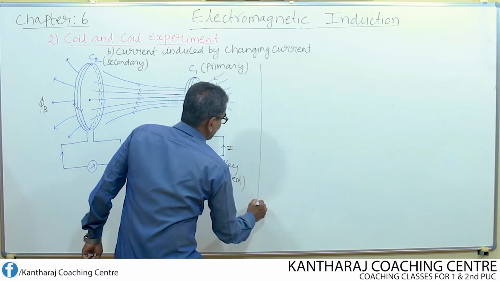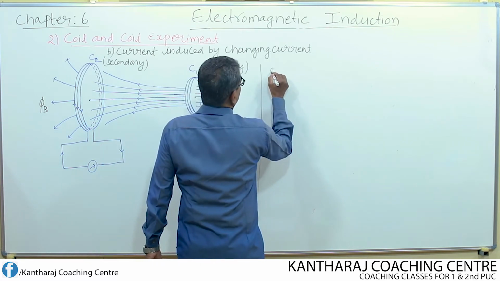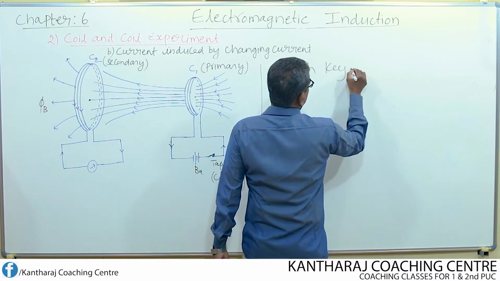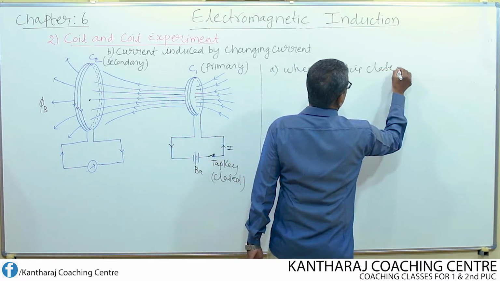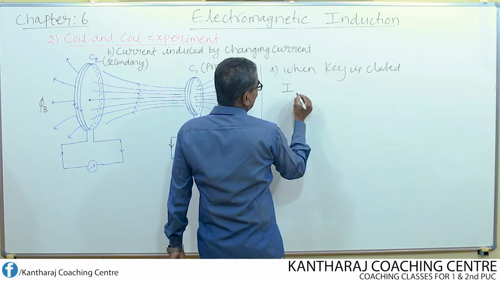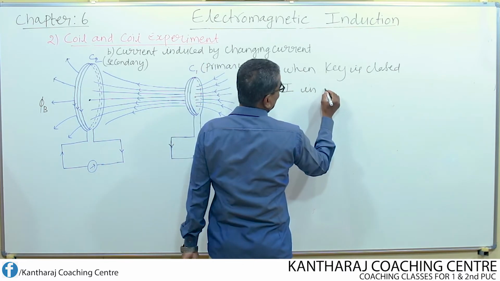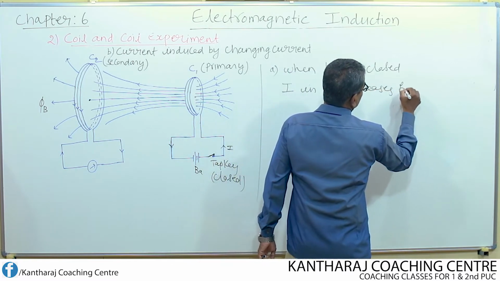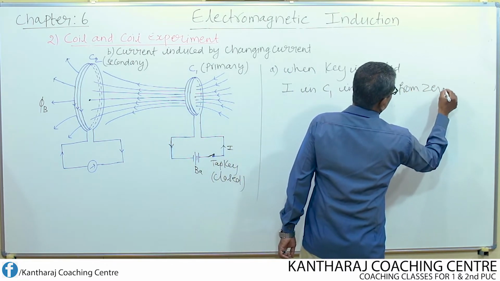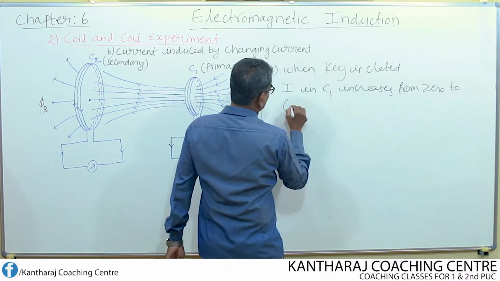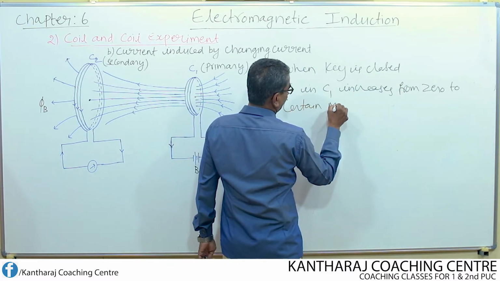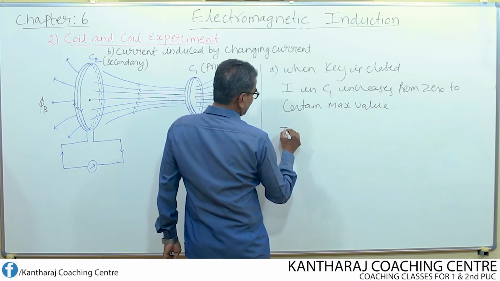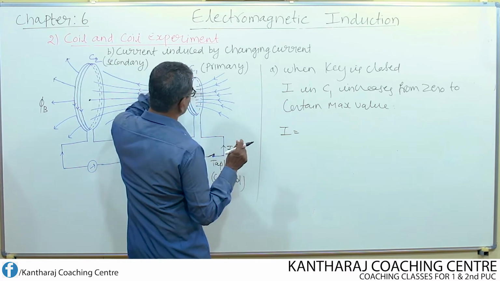Let us write. So when the key is closed, current in C1 increases from 0 to a certain maximum value. Current in which coil? Current in the primary coil.